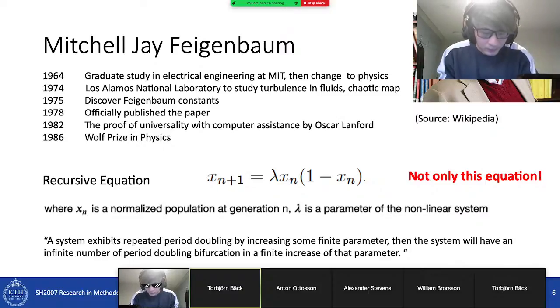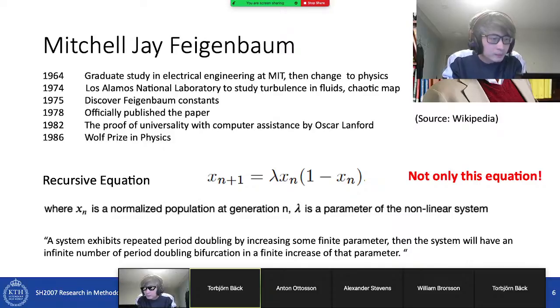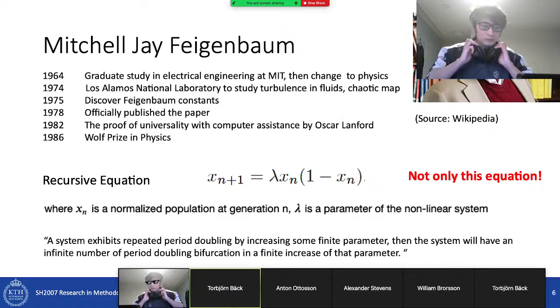To me, the recursive equation already says everything about the case. But then why did you write that it's not only this equation, that there is something else you have in mind?